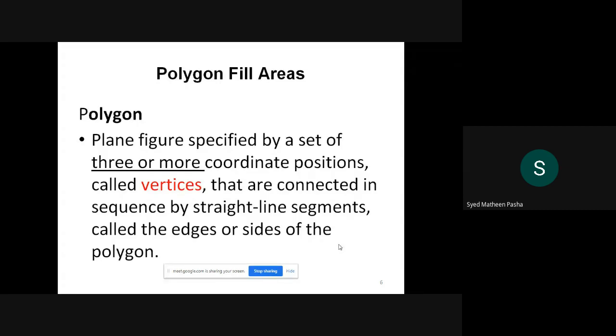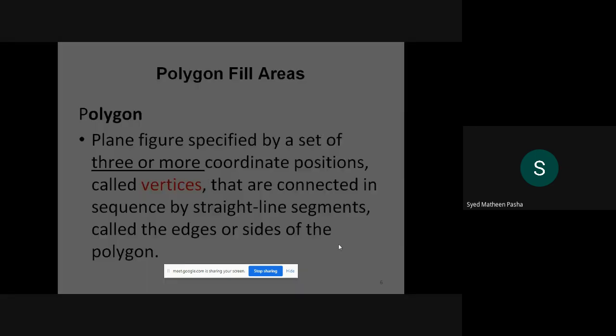So a polygon is nothing but a plane figure which consists of a set of 3 or more coordinate positions called vertices. Then it should be connected in a sequence where the straight line segments are called edges or sides. So this is the definition of a polygon.